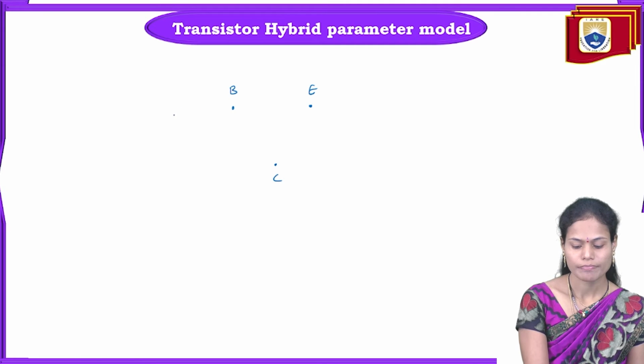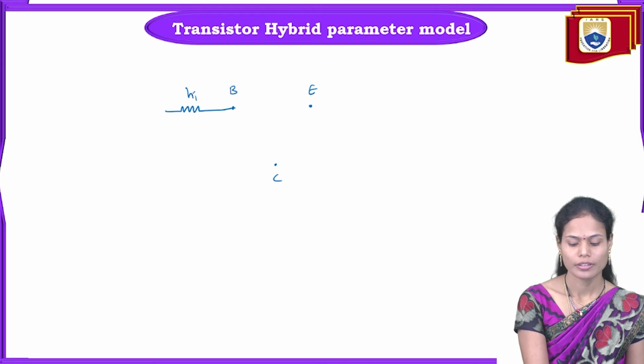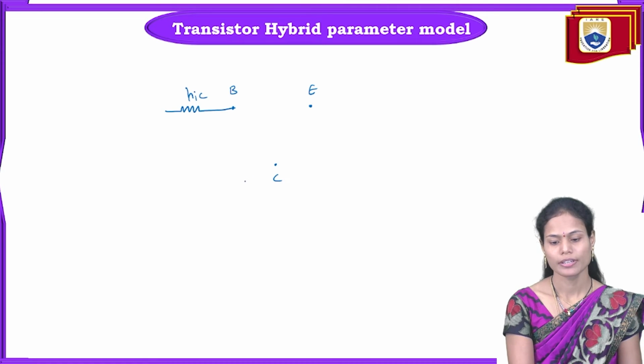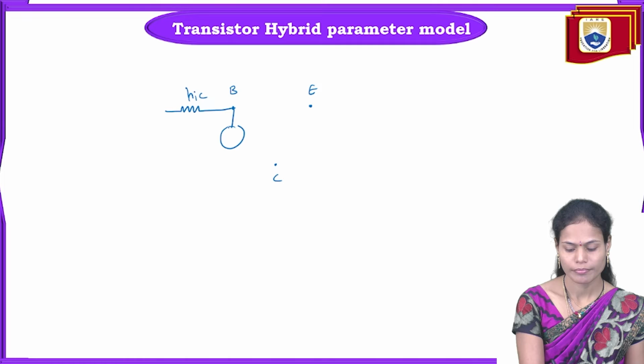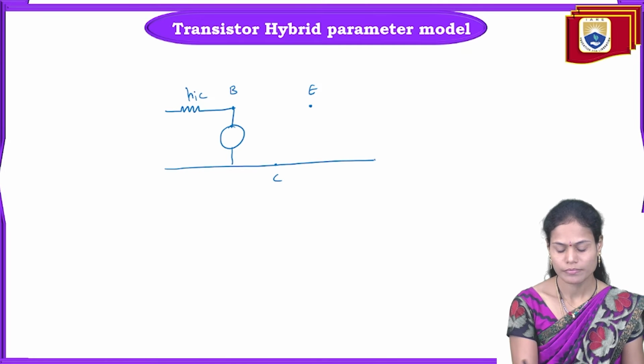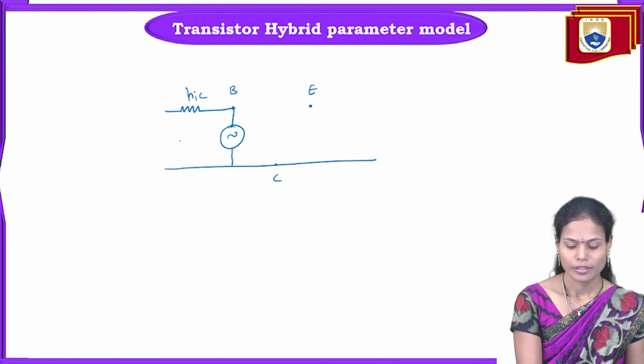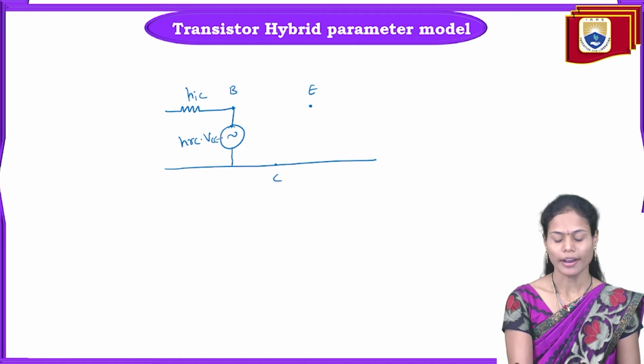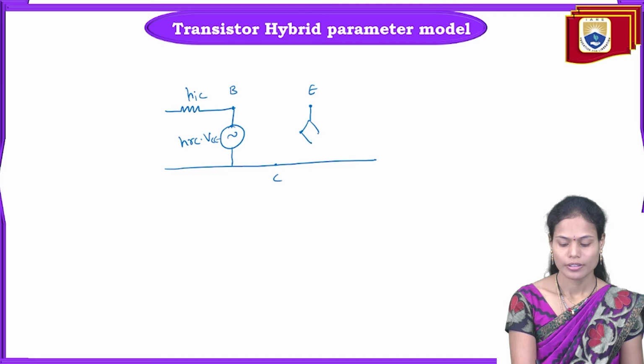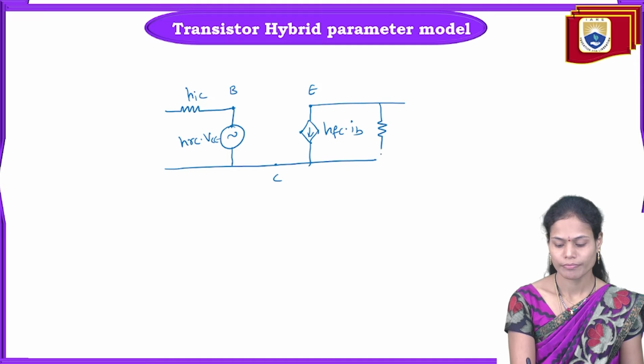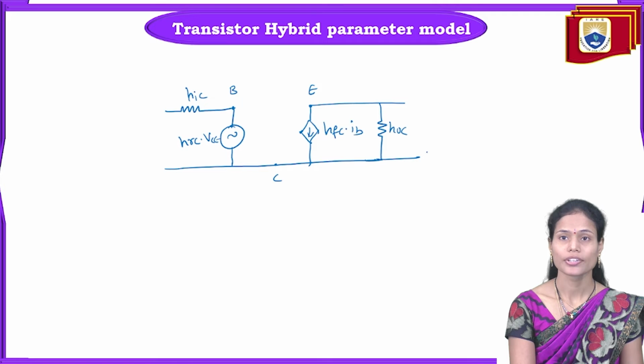For the base, the input impedance HIC is connected, and here HRC VCE is connected, and here it is HFC into IB, and next here HOC is connected. So this is the hybrid equivalent of the transistor.